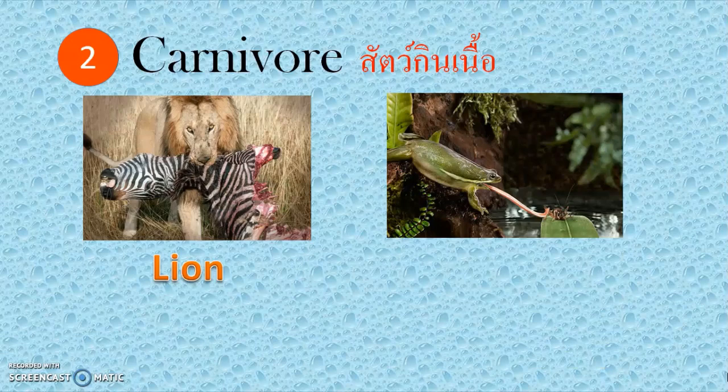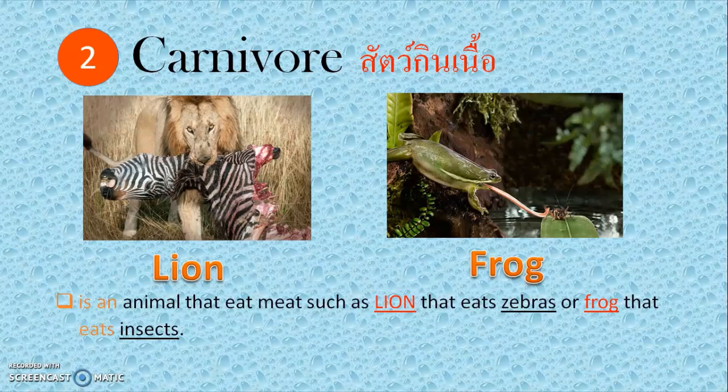And that's right, it's a frog. So why do they call it a carnivore? Because a carnivore is an animal that eats meat, such as a lion that eats zebras or a frog that eats insects. Did you get it? That's right.